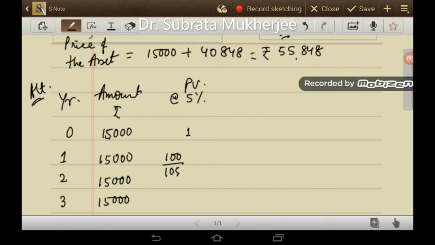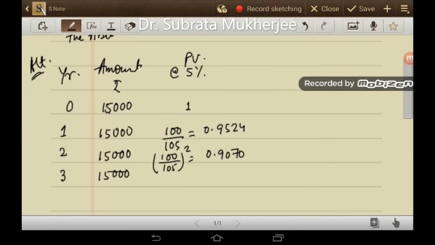In my earlier video, I have explained this calculation. So 100 by 105 is 0.9524. Next, PV factor 100 by 105 to the power 2, so square, will be 0.9070. And for the third year, 100 by 105 to the power 3 is 0.8638. And the sum total of these three PV factors is 2.7232.